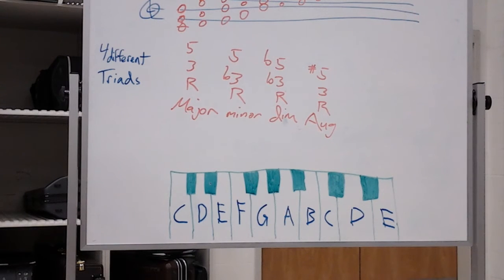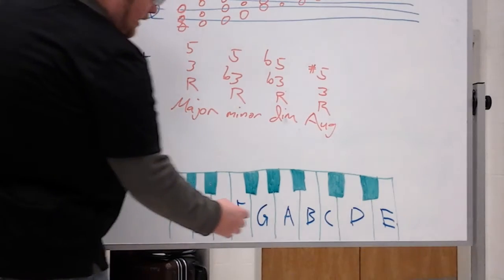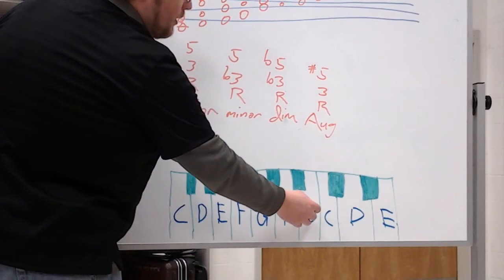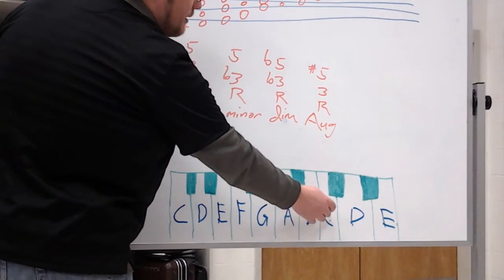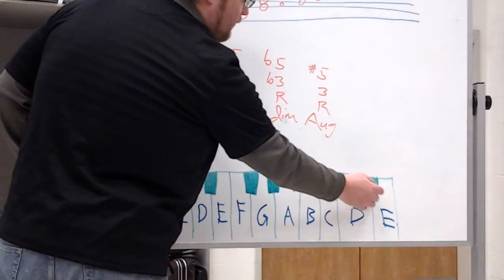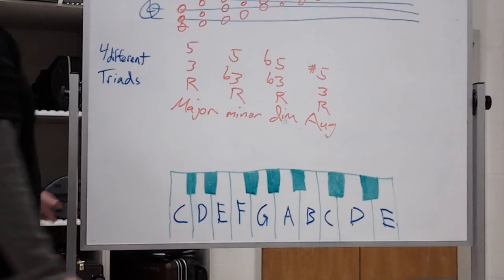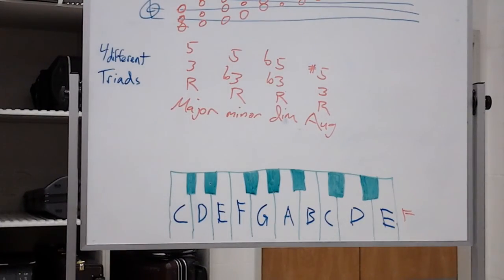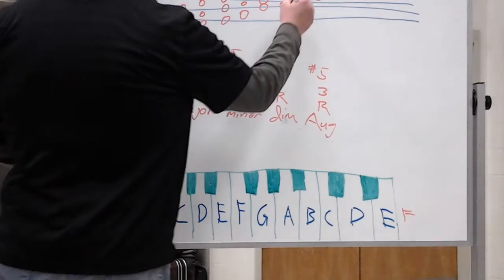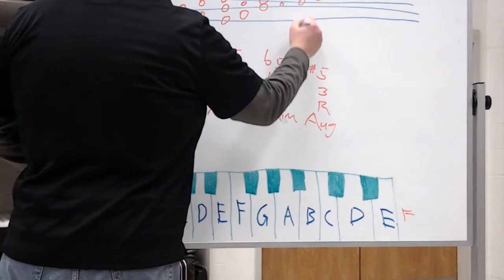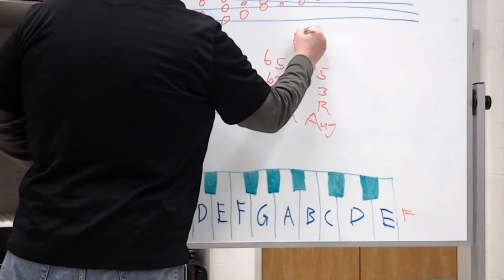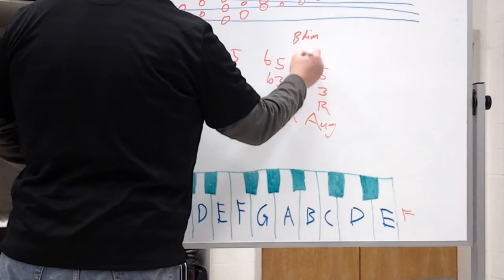So it doesn't come out to be a perfect 5th like all the other chords in this key had between the root and the 5th. B to F would actually only be 6 half steps. C is 1, 2, 3, 4, E is 5, and if we had an F over here, it would be 6. So B, D, and F give us a B diminished triad.